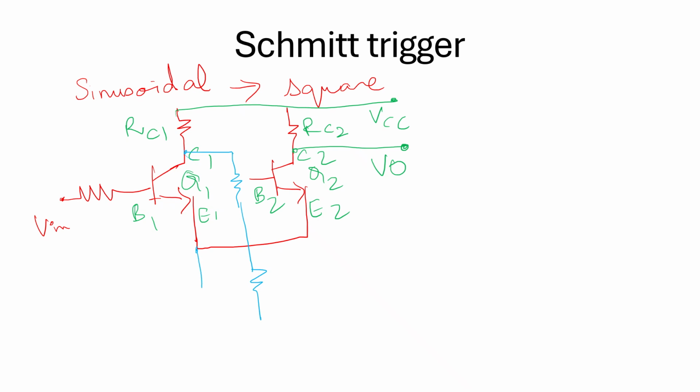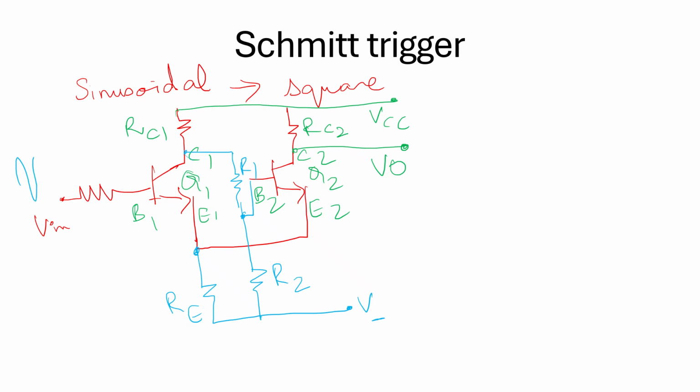Applying a voltage divider biasing part here, minus voltage is given. Let this resistor be R1, R2 be behaving as the voltage divider biasing, and RE be the emitter feedback bias.